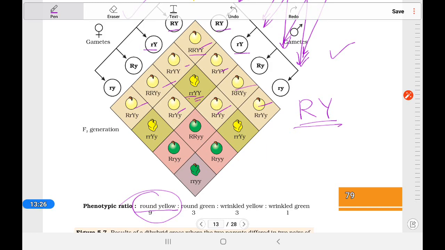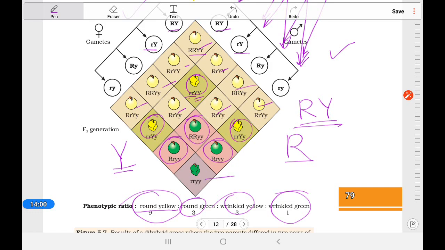Round and green means only R will be there and there will be no dominant Y gene. So round and green will be 3. Wrinkled and yellow: the Y dominant gene will be there, the R gene will be recessive. So wrinkled and yellow is also 3, and only one will be wrinkled and green, where all are recessive.